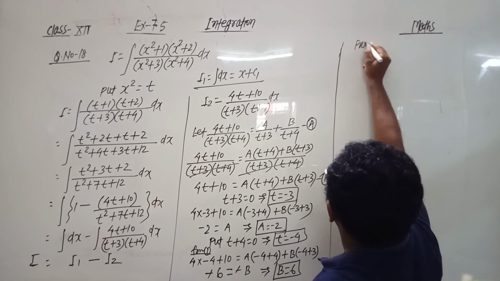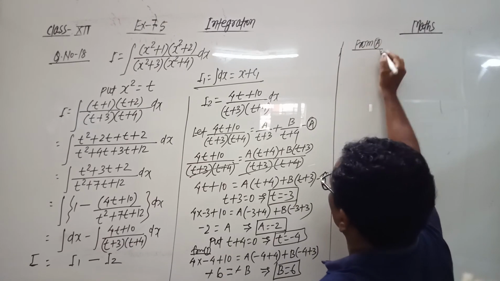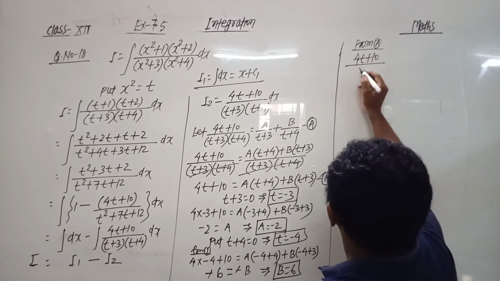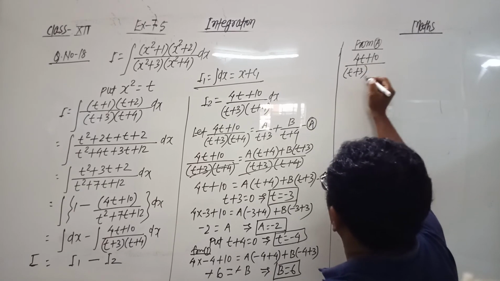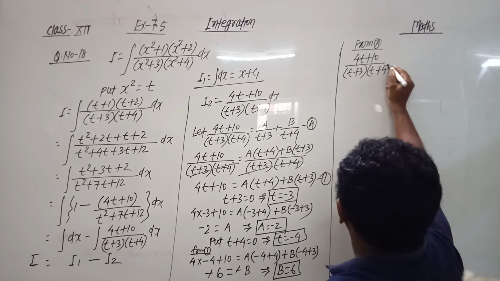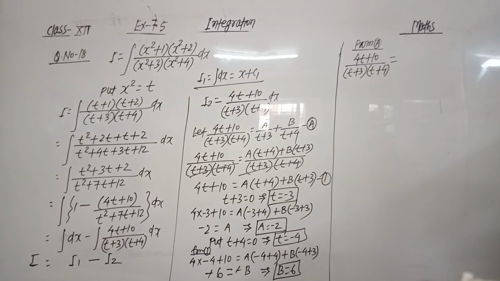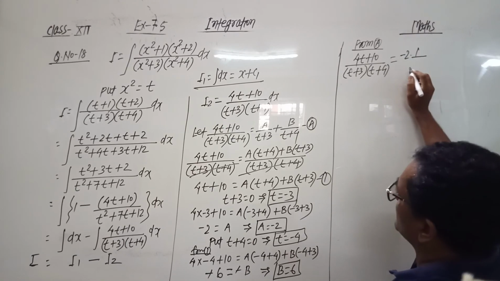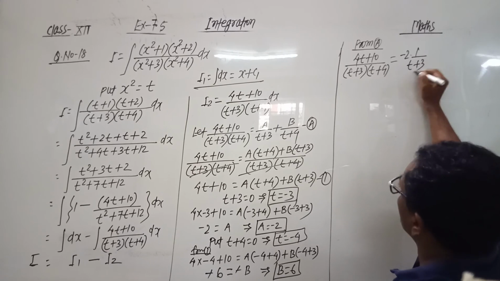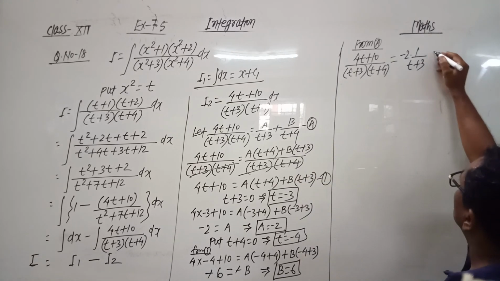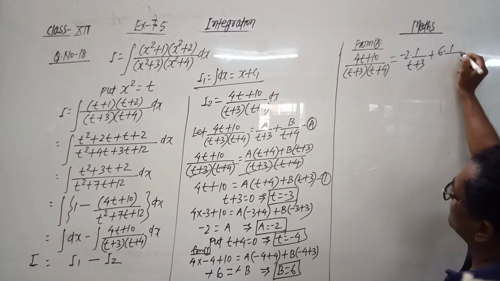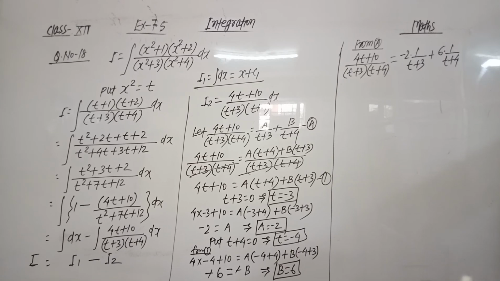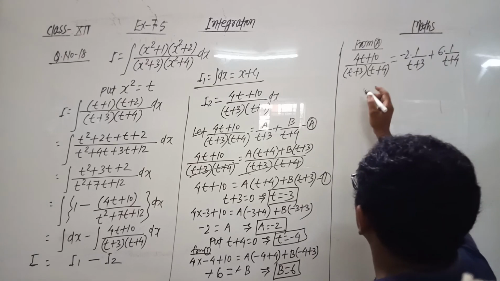Now put the value of A and B. So from the first equation, 4t plus 10 upon t plus 3 into t plus 4 equals A upon t plus 3, and the value of A is minus 2, into 1 upon t plus 3, and the value of B is 6, so plus 6 into 1 upon t plus 4. Then introduce integration on both sides.